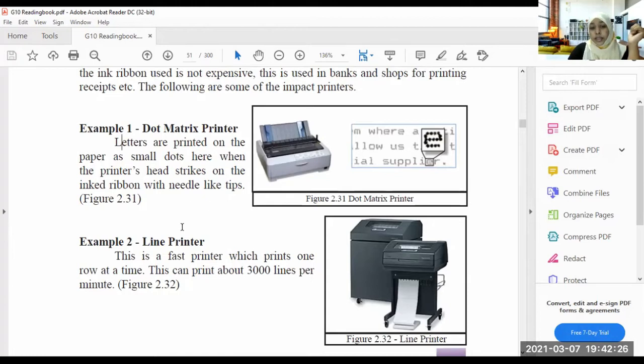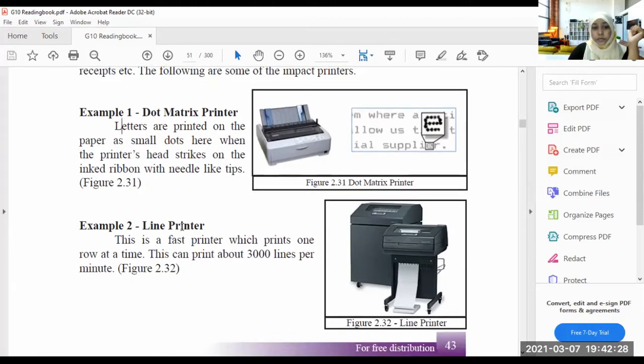Okay, next one is the line printer. So line printer is a fast printer which prints one row at a time. This can print about 3,000 lines per minute. So it is very, very fast to print.